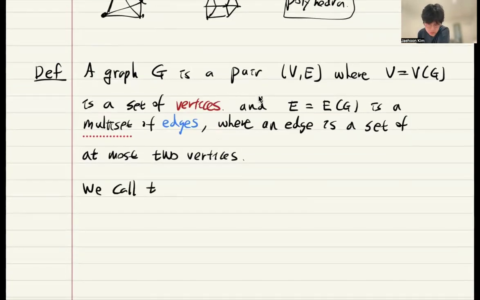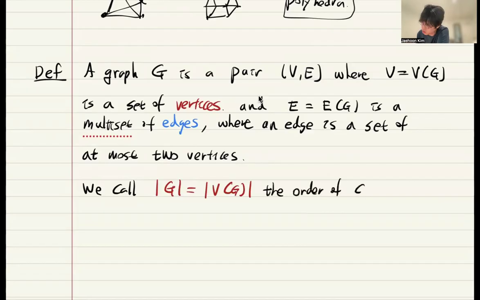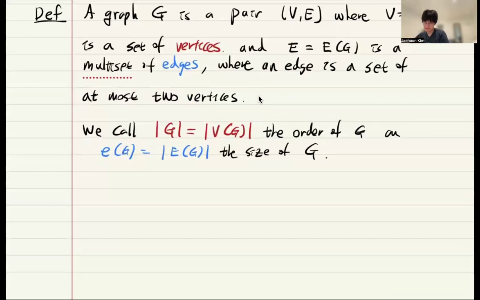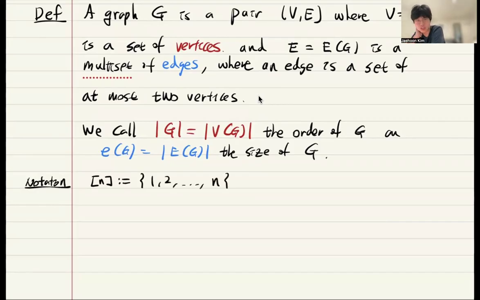There are many useful concepts. When we use the absolute value sign on G, we denote the number of vertices in G, and we call it the order of G. And we write the absolute value of E of G for the number of edges, and we call this the size of G. For notation, the bracket n, for a natural number n, denotes the natural numbers between 1 and n.